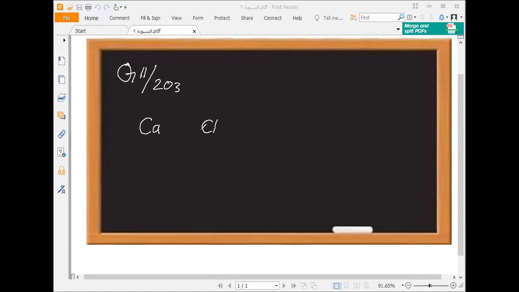Now, I'm going to teach you another way to find the chemical formula for ionic compounds. In which group does calcium exist in the periodic table? Group 2, 2A. Any element in group 2 has 2 valence electrons.